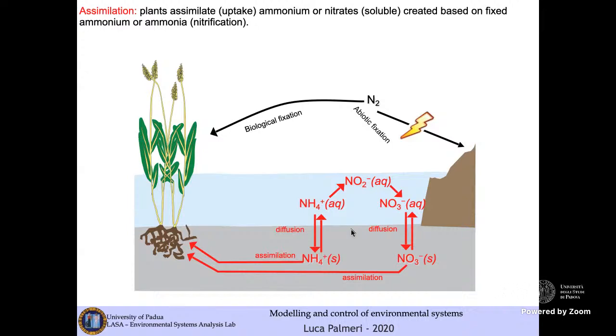From the water column, nitrogen in the form of ammonia and in the form of nitrate are exchanged by the water column with the bottom sediments. This is a dynamical exchange, so this is settling and resuspension, the model that we have seen today. From up to down, this is settling. From bottom to up, this is resuspension.